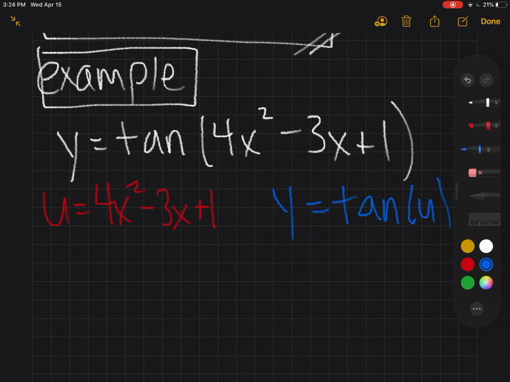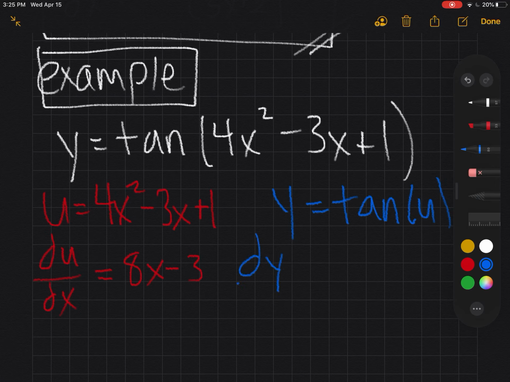For this, I'm going to say that u is my function inside, 4x squared minus 3x plus 1, and that y is equal to tangent of u, and that's what we're going to take the derivatives of.